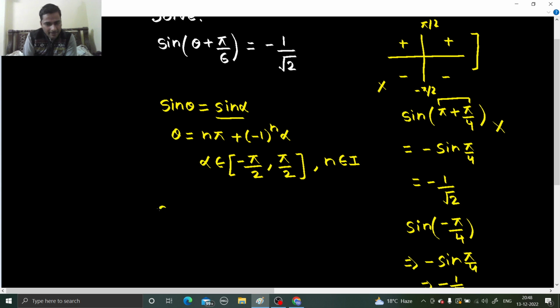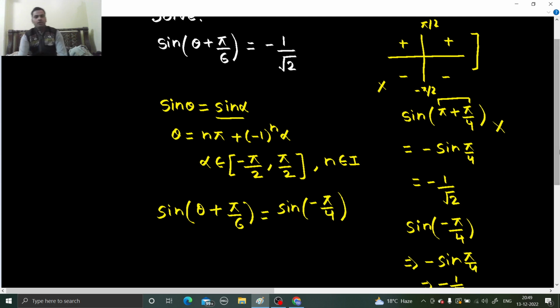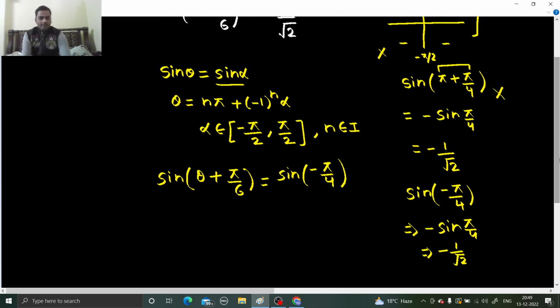So now I can write this as sine of theta plus pi by 6 equals sine of minus pi by 4, because minus pi by 4 clearly lies in this interval, minus pi by 2 to pi by 2. Now I can use this formula.